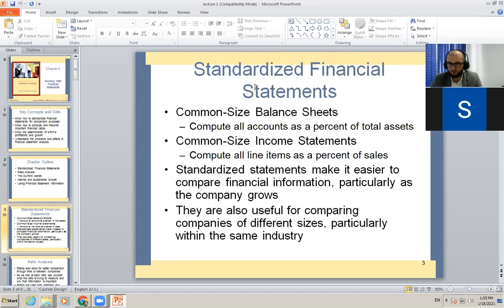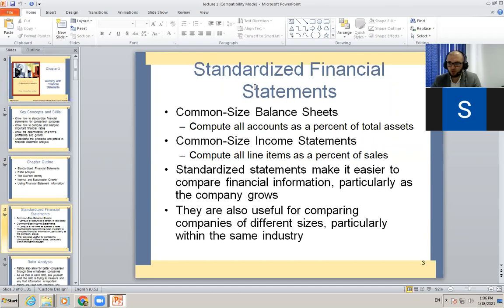You need to convert it into a common stage where you will be able to compare them at the same level. Like if one company is running in the US, the other one is running here, the balance sheets are in terms of dollars and tenge, which are different. So the numbers will show different, even though the percentages can be the same.